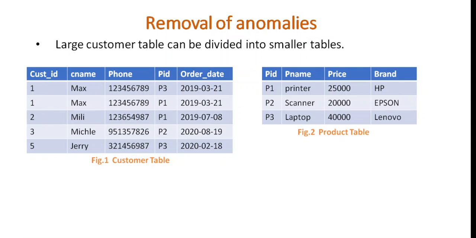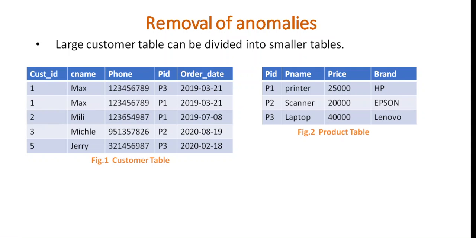This is how we can remove anomalies from the database system by dividing a larger table into smaller tables. Here, product ID is the common attribute through which we can relate these two tables together and access data. By using this common attribute, we can access data from both the tables.